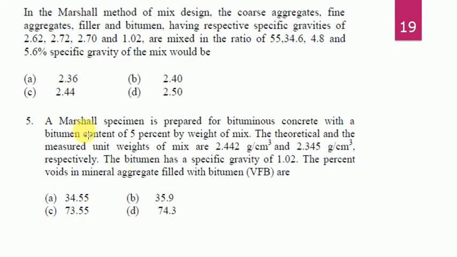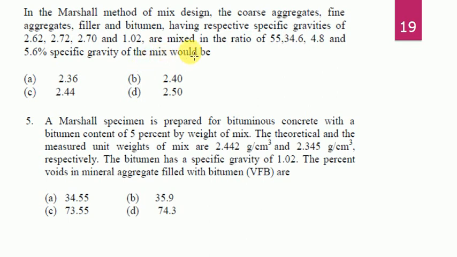For instance, a numerical like this comes in GATE: in the Marshall method of mix design, the coarse aggregate, fine aggregate, filler and bitumen have respective specific gravities, the specific gravity values are provided, and the mix weights and percentages are provided. You have to calculate the specific gravity of the mix.